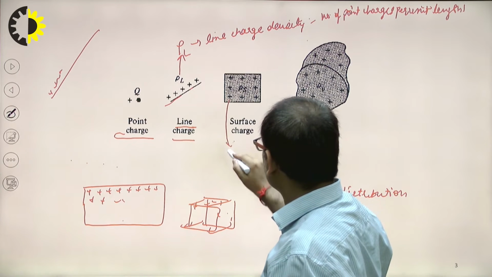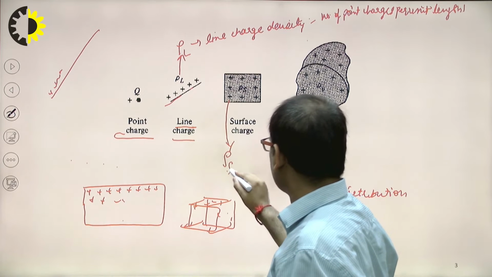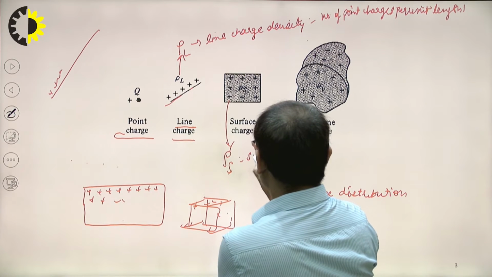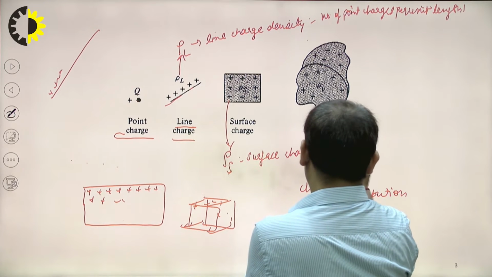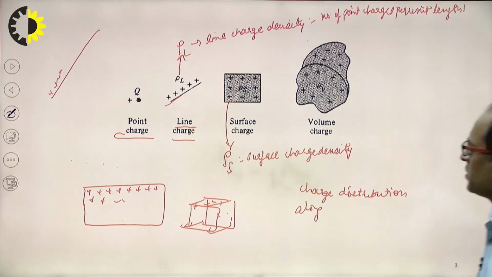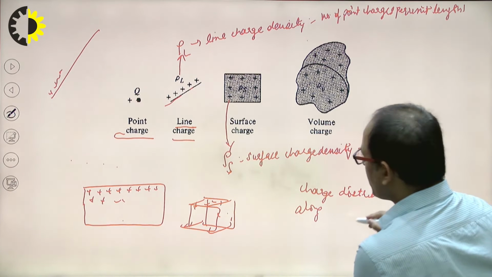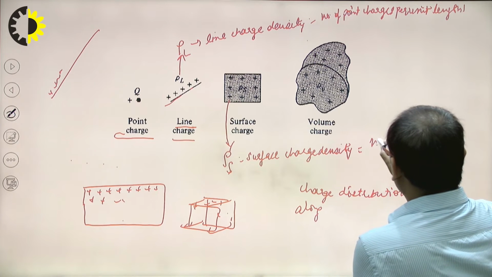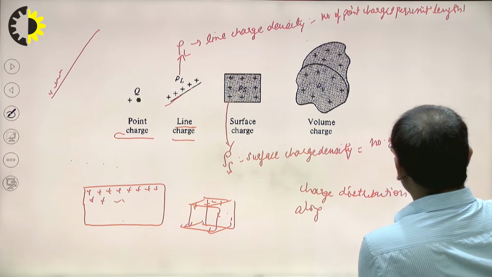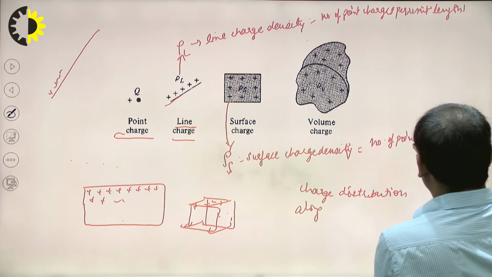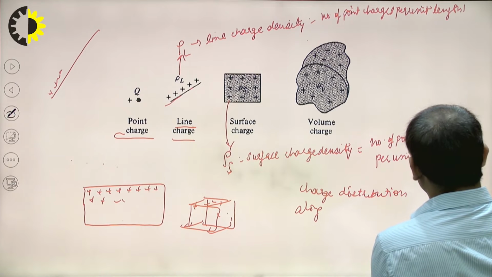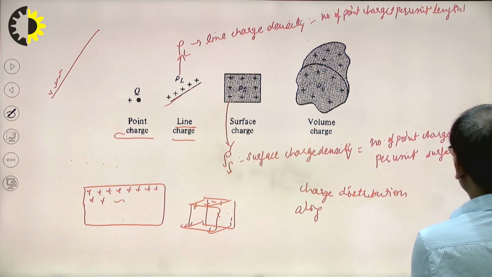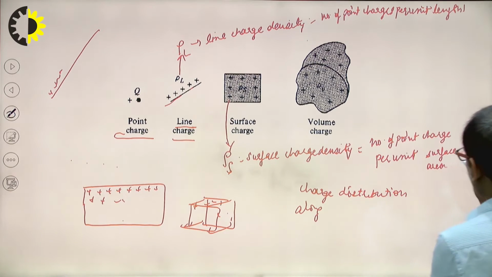And this one is the surface charge. The surface charge density is denoted by rho S, and it has a unit of coulomb per meter square. You can say it is the number of point charges per unit surface, or per unit area.